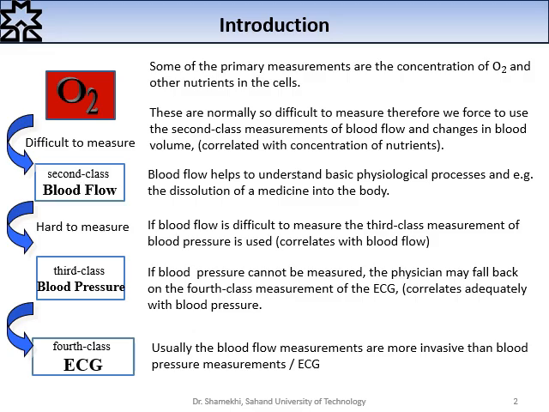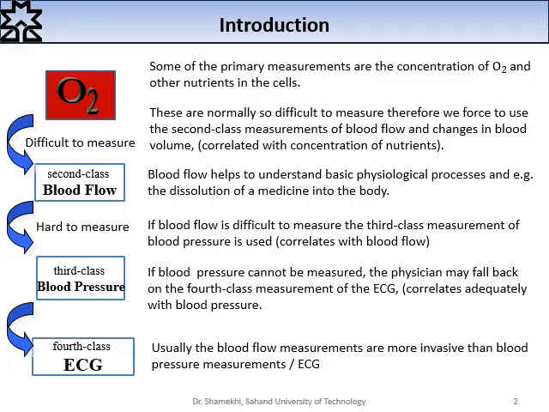Some of the primary measurements are the concentration of O2 and other nutrients in the cell. In other words, some basic and primary data from our body is about O2 and other nutrients, and we want to measure their concentration inside the blood.